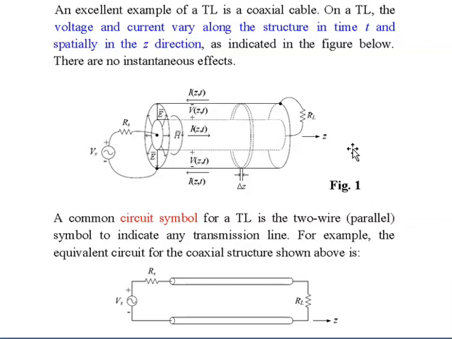A common circuit symbol for the transmission line is the two-wire parallel symbol. If you see the figure down here, this is the two wires parallel to each other. So this is the circuit symbol for the TL. It will indicate any transmission line.